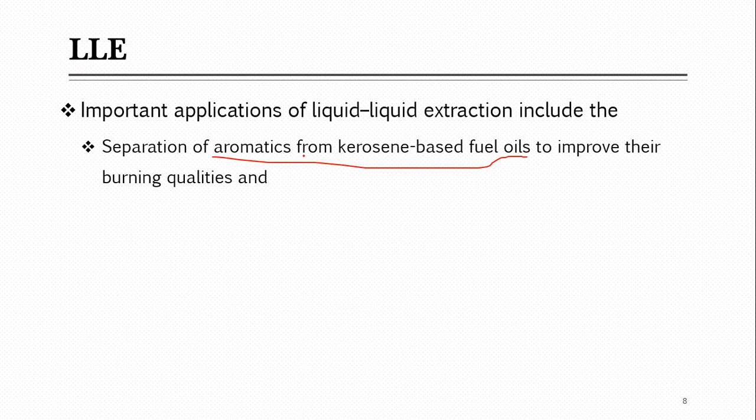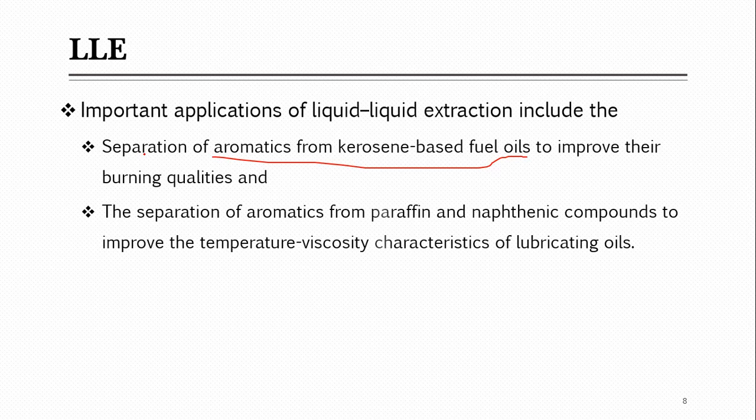If you go for distillation, you will be boiling all of them because they are close in boiling point, so it's better to go for liquid extraction, and this is one of the wide applications of liquid extraction in this industry. As well, there is the separation of aromatics from paraffin and naphthenic compounds to improve the temperature viscosity characteristics of lubricating oil.